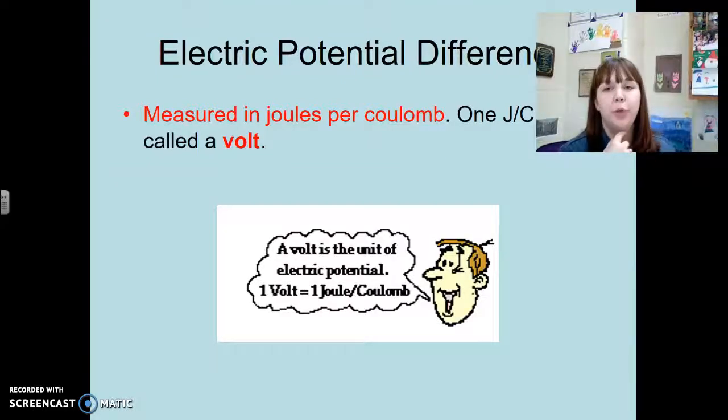And 1 joule per coulomb is simplified to a volt. Have you heard the word volt before? Electric potential difference is very simply known as voltage. So when you're thinking about the voltage of a light or of a cell phone charger or whatnot, the voltage is the amount of electric potential difference, the potential energy of that electrical charge.